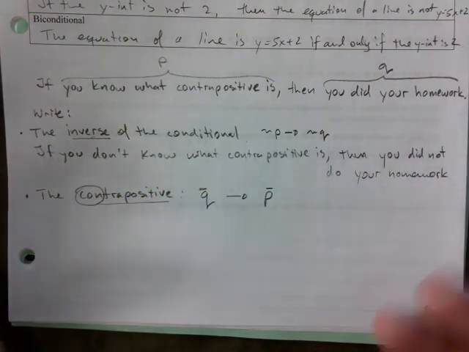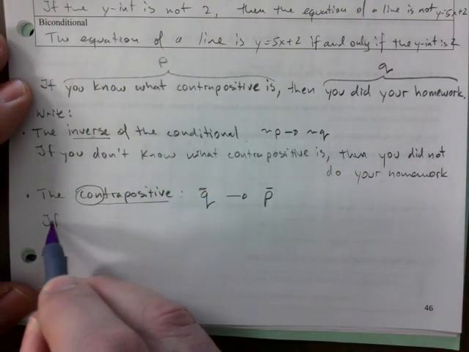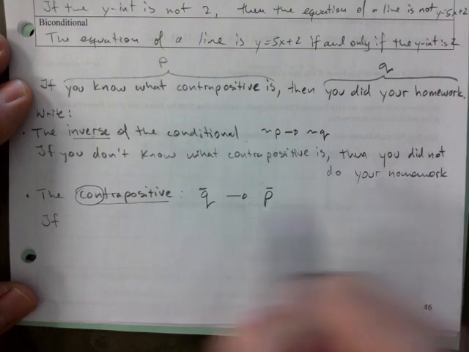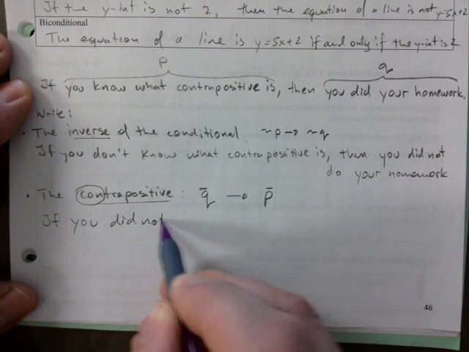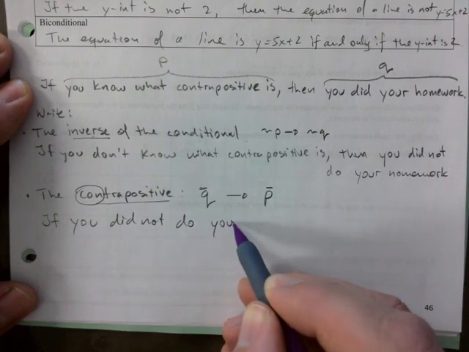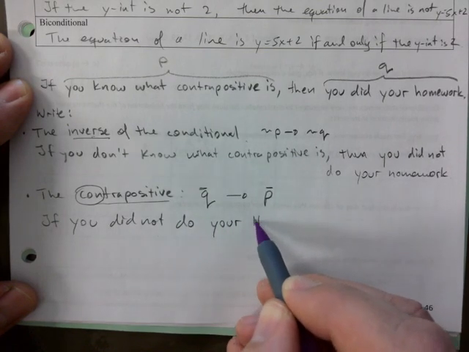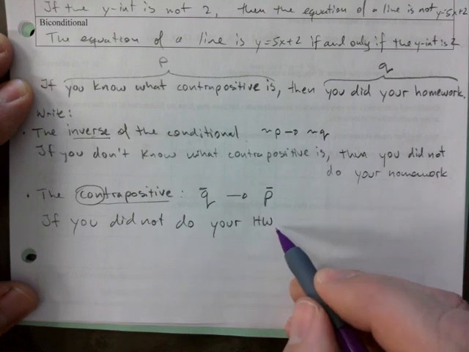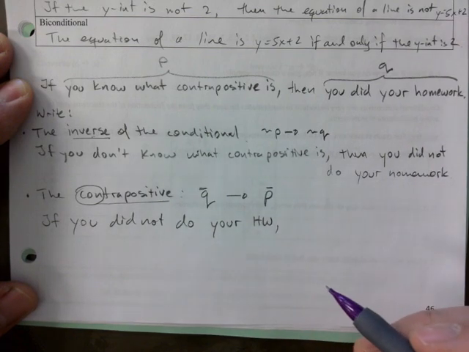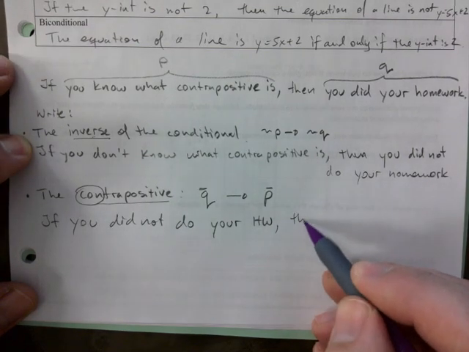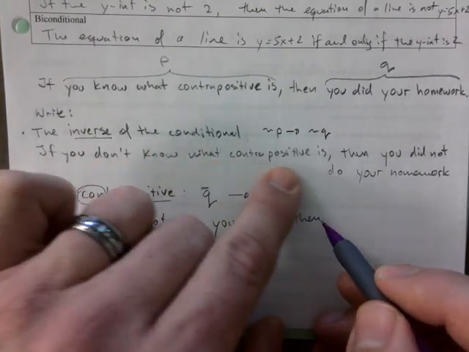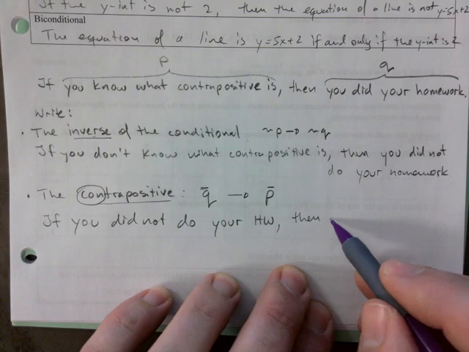In this case, I'm going to say if you did not do your homework, don't do this on a test or exam, right? Write it out. If you did not do your homework, then you don't know what contrapositive is.